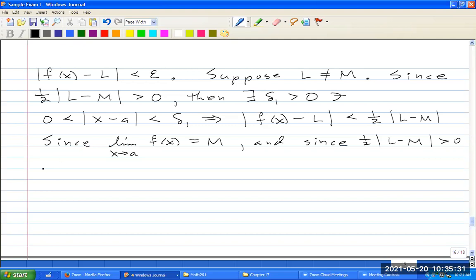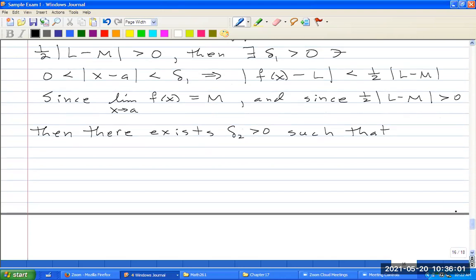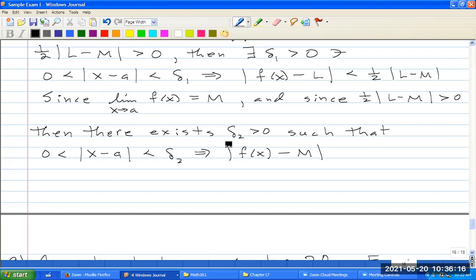Then there exists a delta 2 greater than 0, such that if x minus a in absolute value is between 0 and delta 2, then f of x minus M in absolute value is less than 1/2 L minus M.